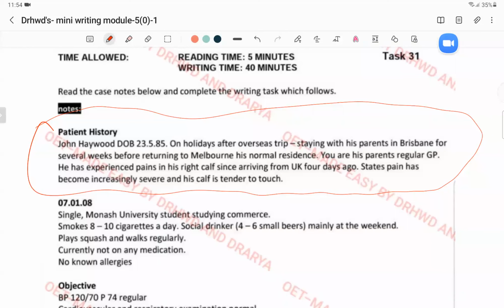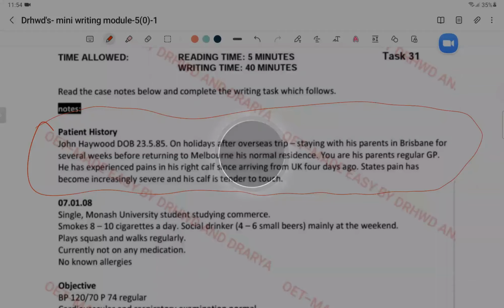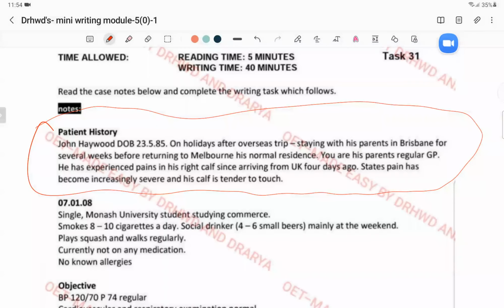Good. Now tell me what's happening in just this letter. He returned from an overseas trip and he's staying with his parents right now in Brisbane. Basically, he's studying in Melbourne. So he just visited the regular GP of his parents.